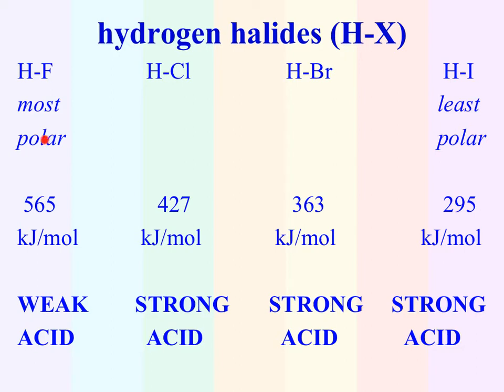Okay, so if we notice this trend, basically we're going from most polar to least polar. And if we look at this trend while we also look at relative bond strength, I want you to notice that the bond energy, the energy required to break the HF bond, is much larger than the bond energy of HI. Okay, and so what you notice here is that bond strength and bond polarity are not necessarily going to be in the same trend.